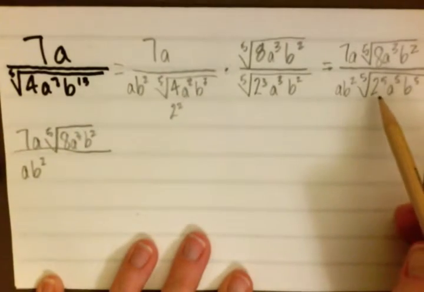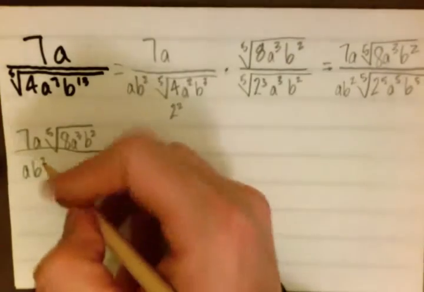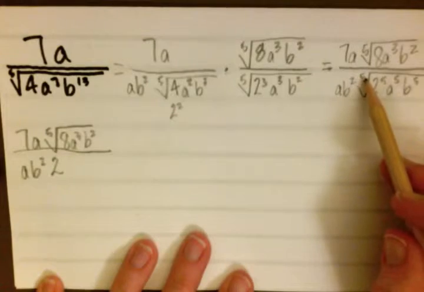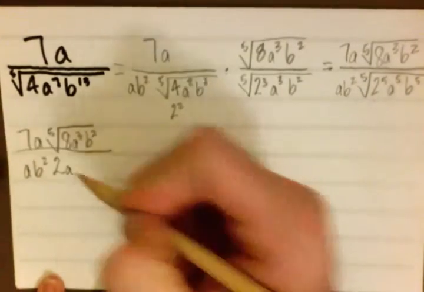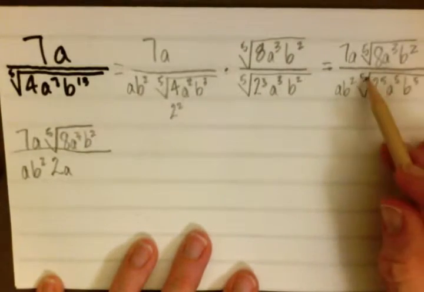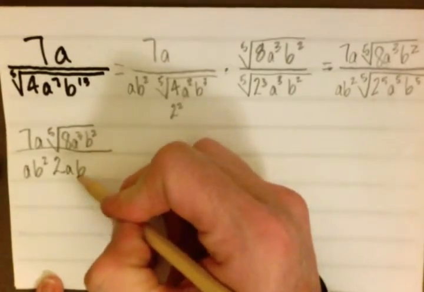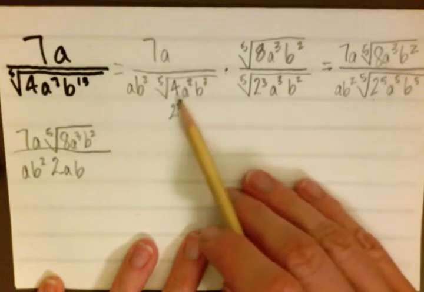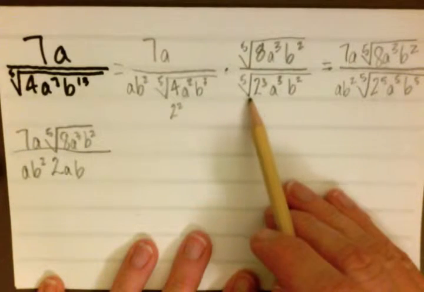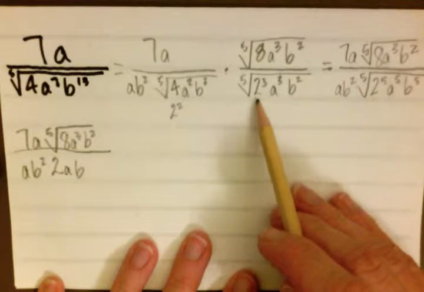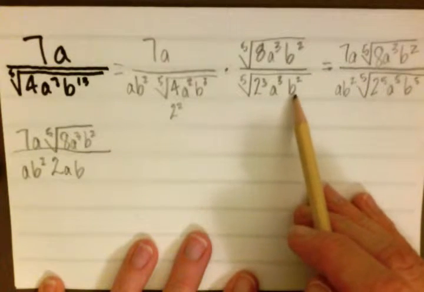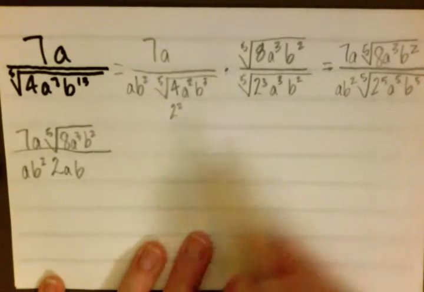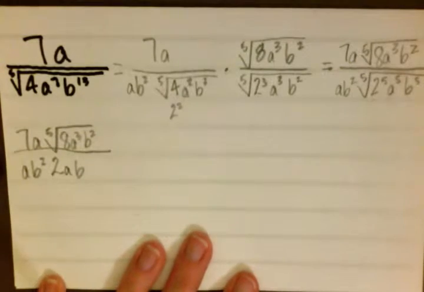Now this is where the fun comes in. The fifth root of 2 to the fifth is 2. The fifth root of a to the fifth is a. And the fifth root of b to the fifth is b. So by multiplying the missing pieces, which we've determined as the fifth root of 2 cubed, a cubed, and b squared, we now are able to get the radical out.